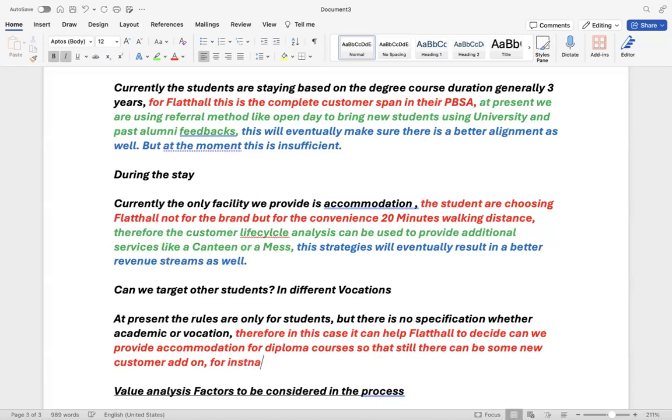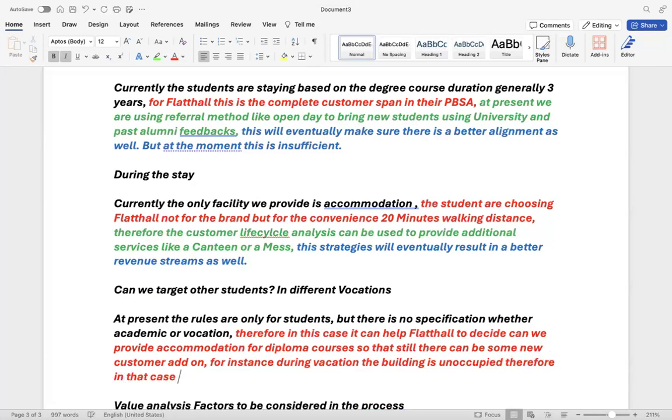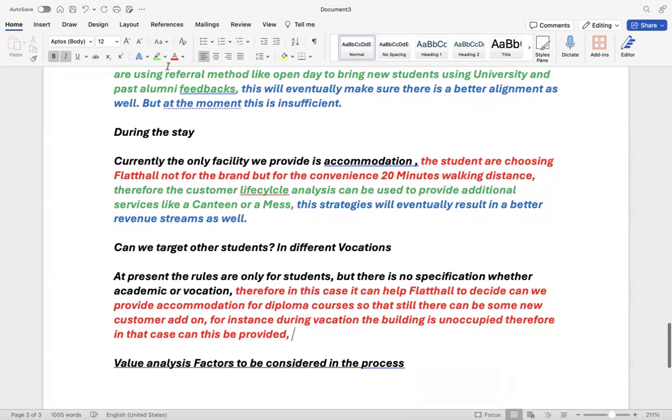For instance, during vacation, the building is unoccupied. Therefore, can this be provided? That is one thing.